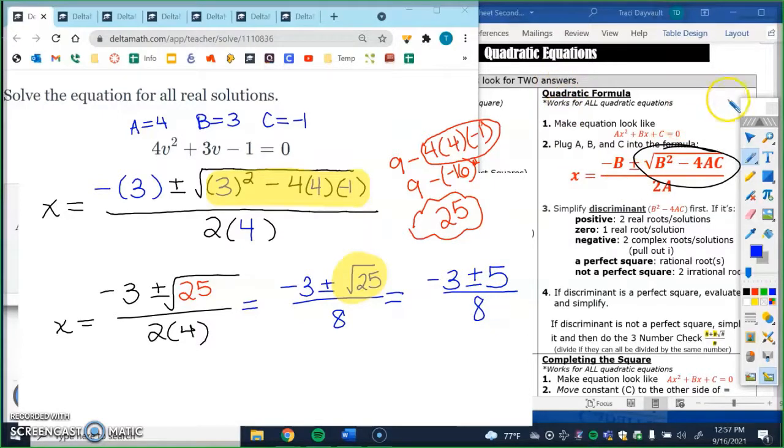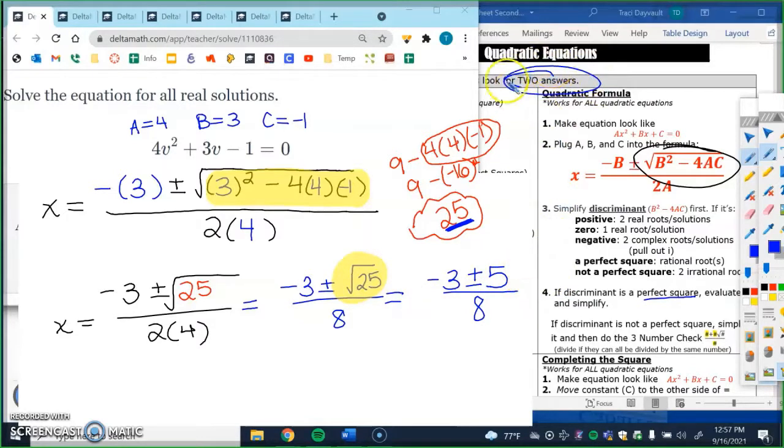Now, it says if the discriminant is a perfect square, is this a perfect square? Yes, that means we could take the square root of it and get a nice, pretty whole rational number. Then we just evaluate and simplify. We're on the lookout for two answers. We're going to have two answers from this. So I told you we're going to do one where we add and one where we subtract.